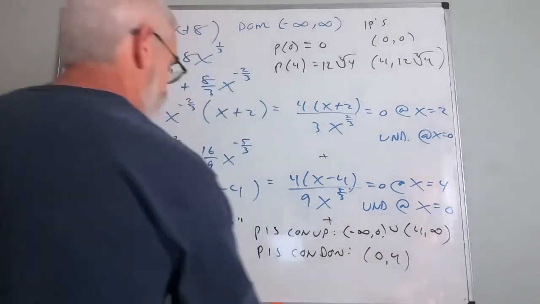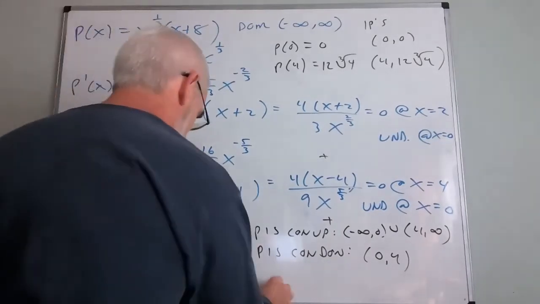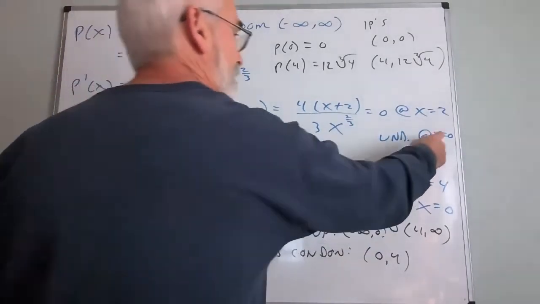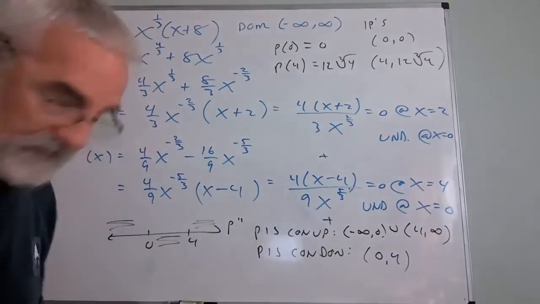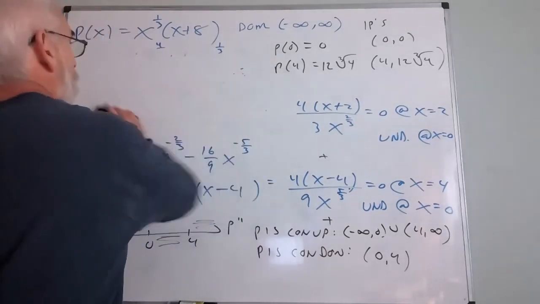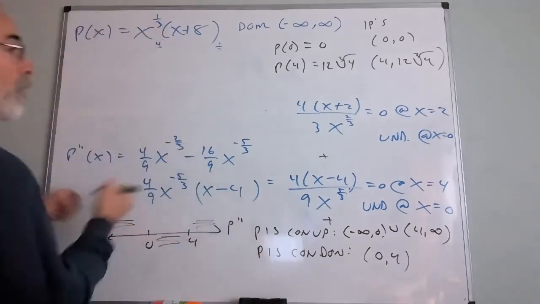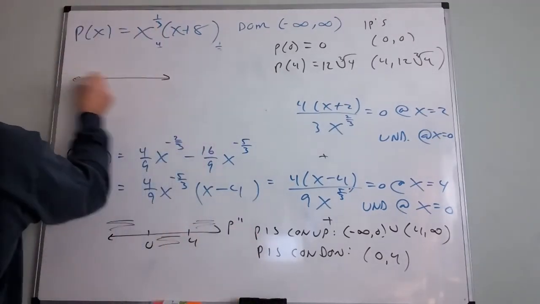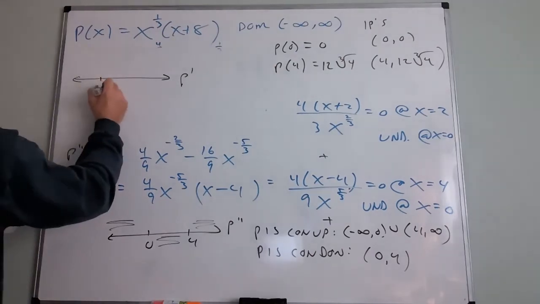Now, the most interesting part of this graph is probably not the horizontal tangent, but the evil one. Let me erase this stuff. On the quiz, most of you did a good job on your number line.